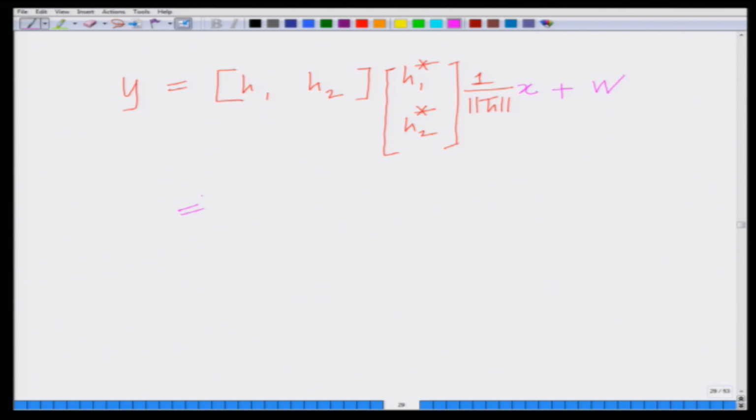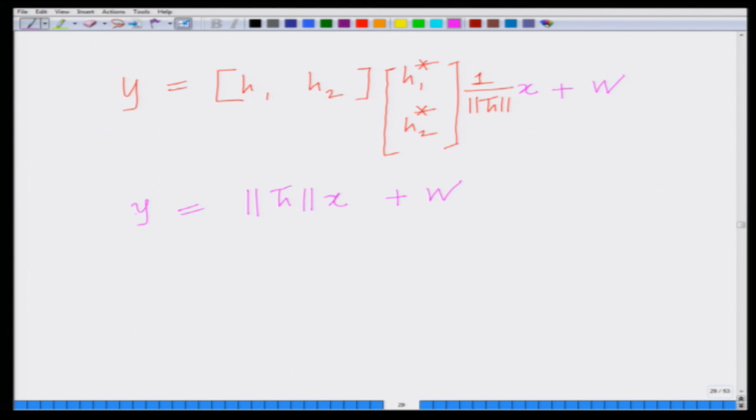Now, if you can see this H1 into H1 conjugate plus H2 into H2 conjugate is norm H square divided by norm of H. So, this is going to be equal to norm of H bar times x plus w.